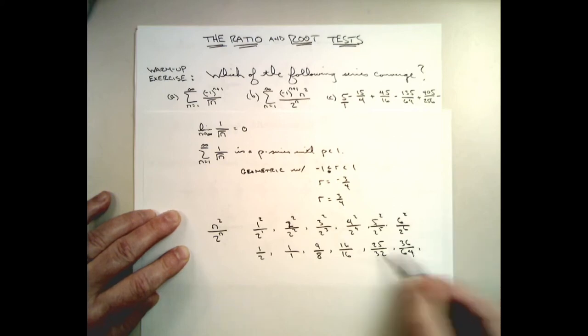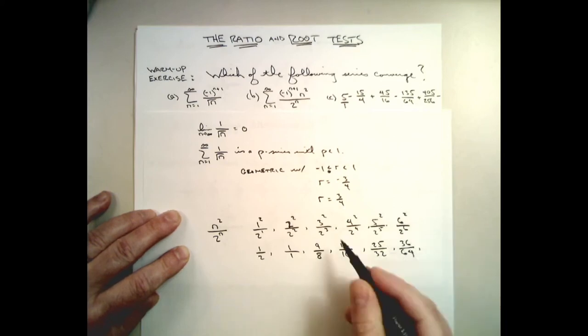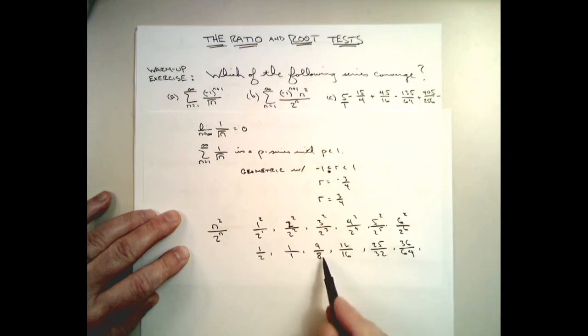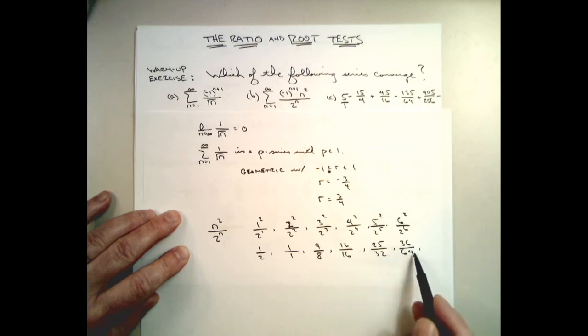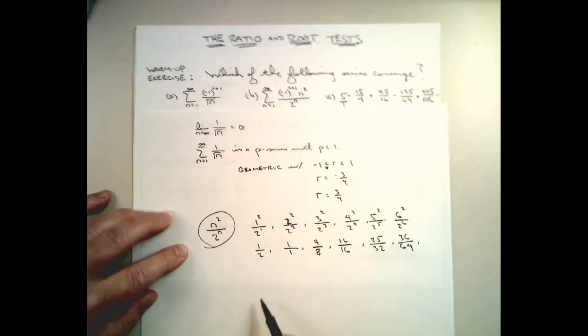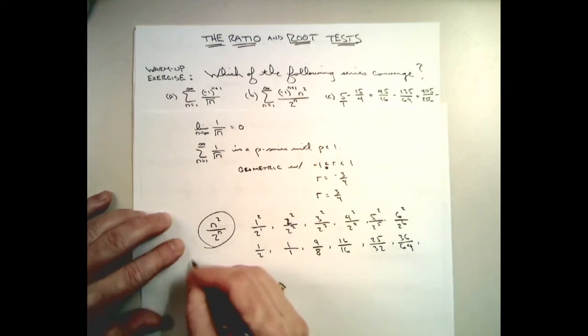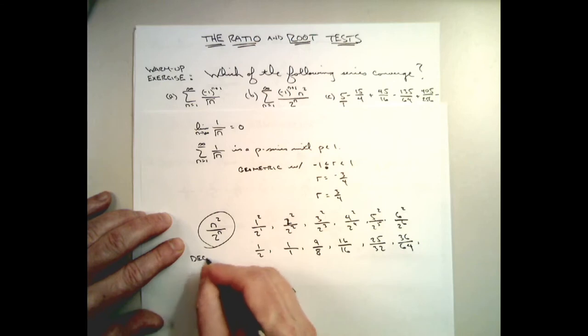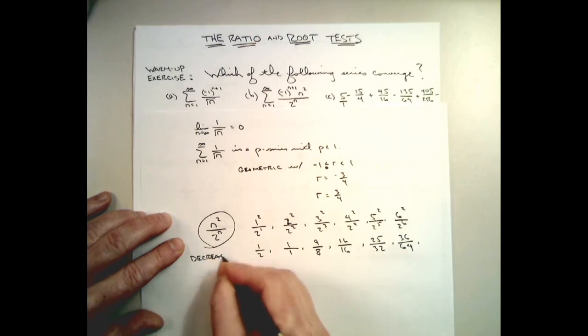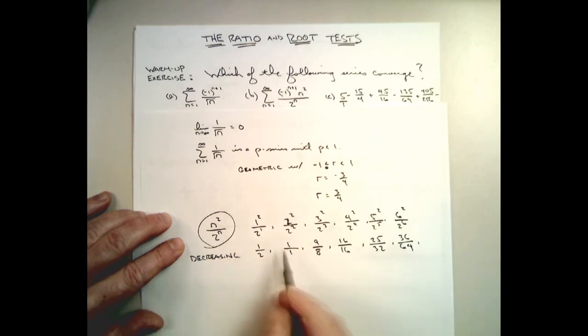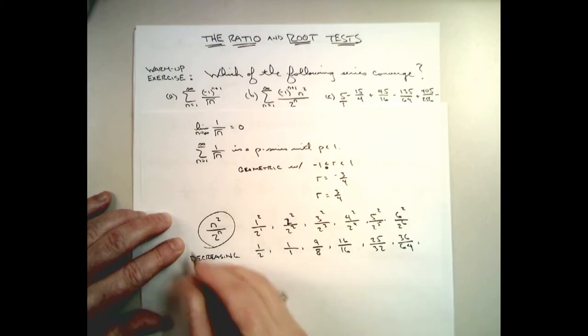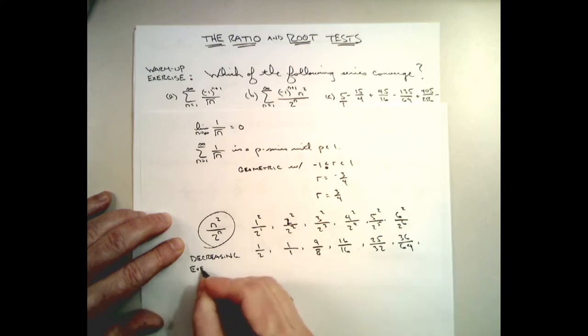So from this point forward, it looks like I have a decreasing sequence of terms, right? So it looks like these guys are decreasing in value, not from the very beginning, but eventually.